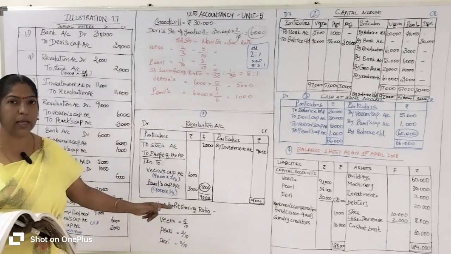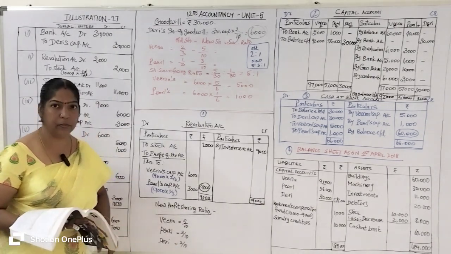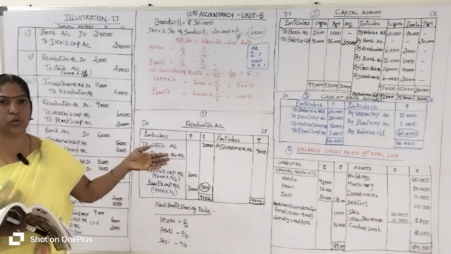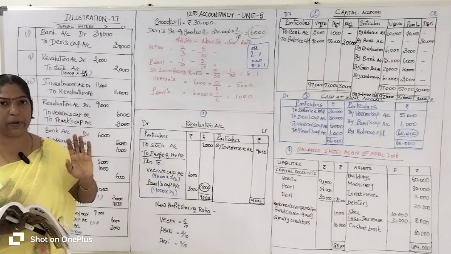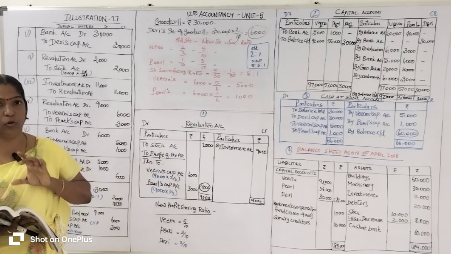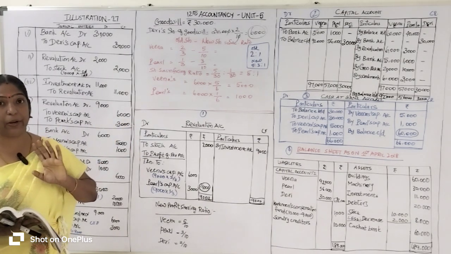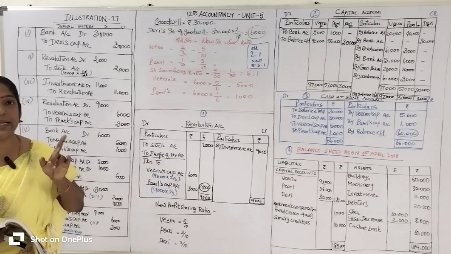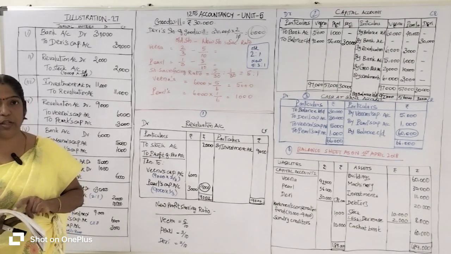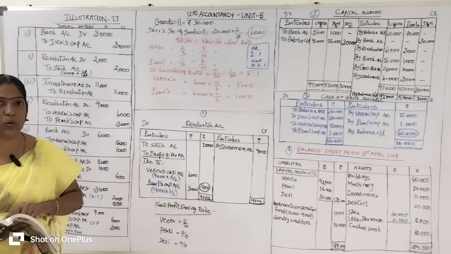The new partner will get a new share of 2 by 10 of goodwill. So the capital of 30,000 rupees goes to business expansion, and the goodwill belongs only to the old partners' capital accounts in their sacrificing ratio. The sacrificing ratio is not given in the question, it is not mentioned in the question. Listen here carefully, this is the new situation.